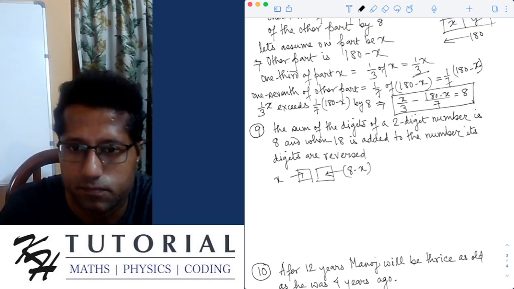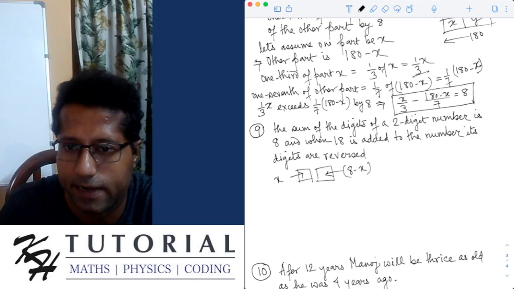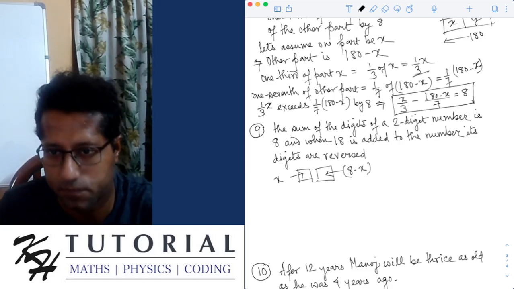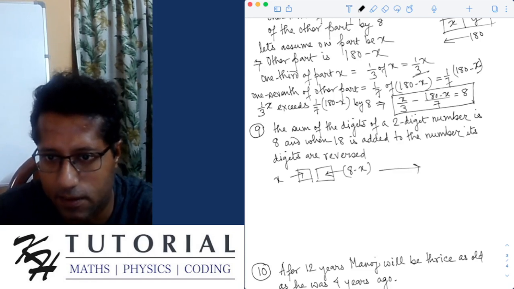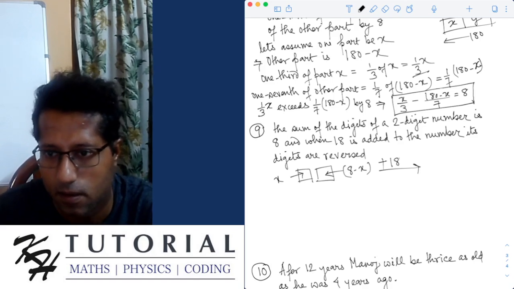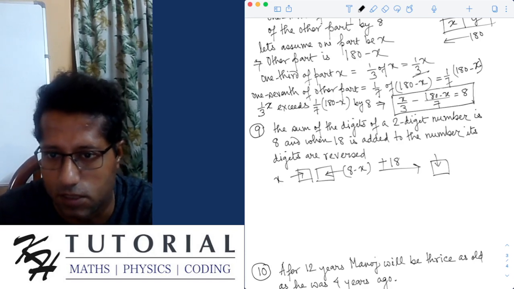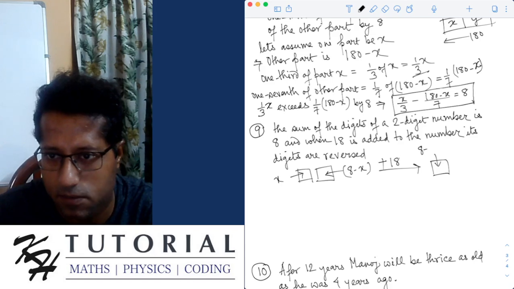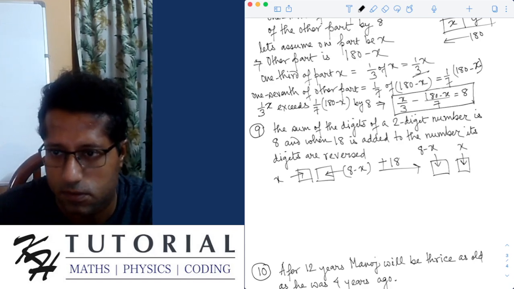Now it is saying that when 18 is added to the number, its digits are reversed. So when we add 18, the digits are reversed, meaning this one becomes 8 minus x and this digit becomes x.